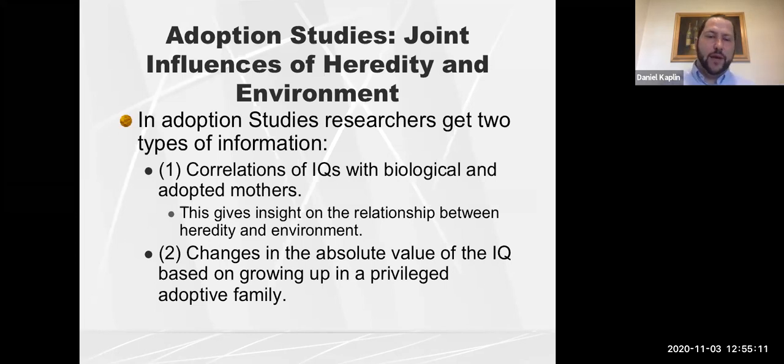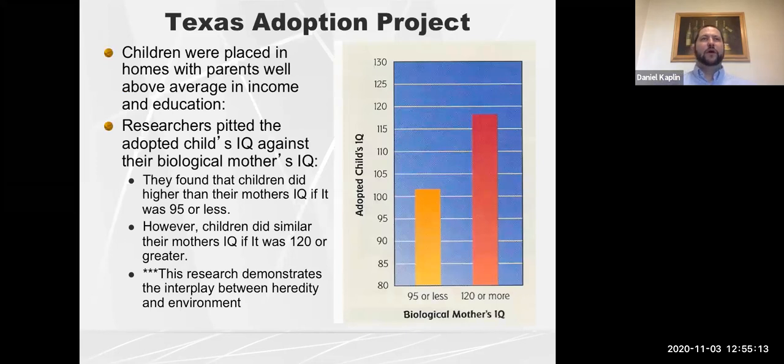So let's see what happens. One of the studies by Sandra Scarr was this Texas adoption study. What she found was that if you had a parent that had an IQ of 120 or more, meaning that they were gifted, and that child was adopted into another home, that child tended to perform fairly consistent with their biological parent and their IQ.